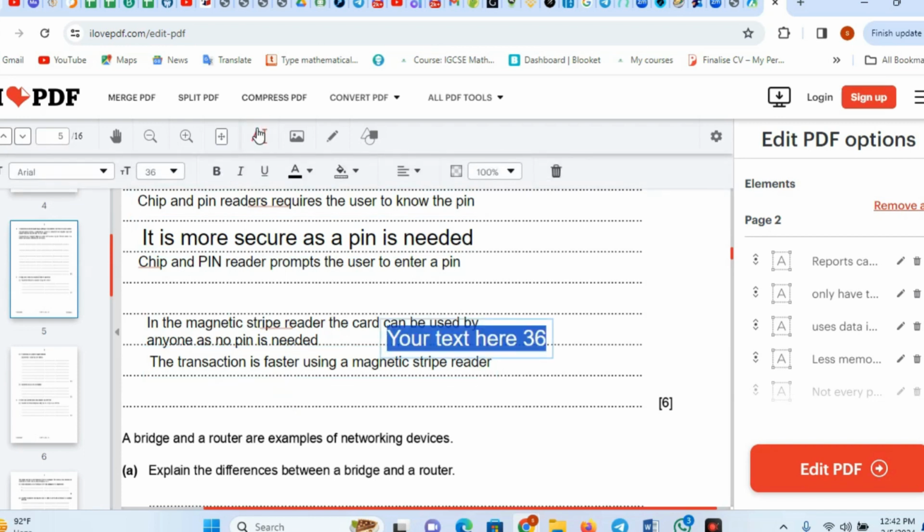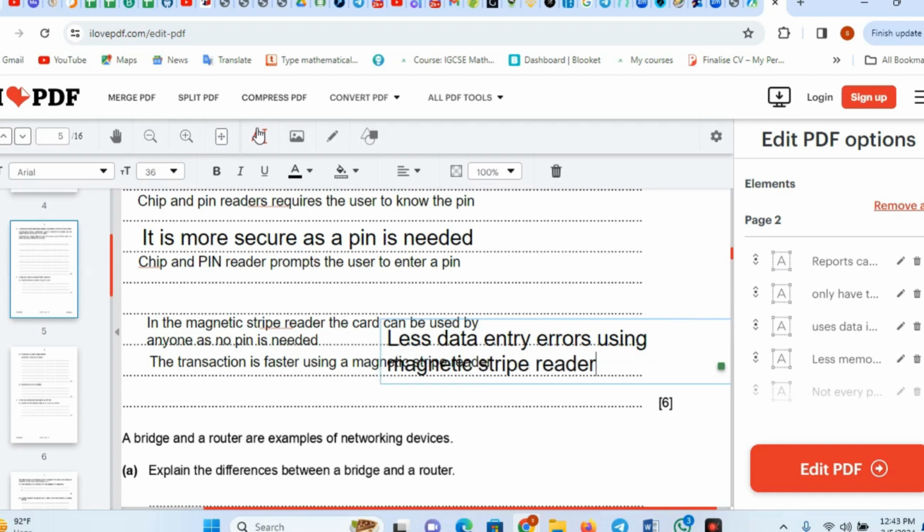Last but not the least is less data entry errors using magnetic stripe reader, as no manual input.